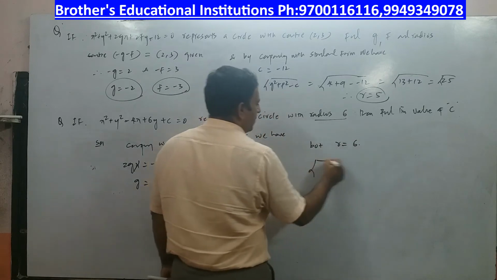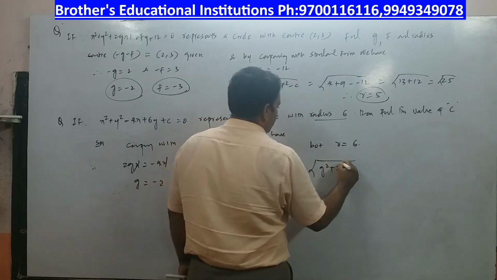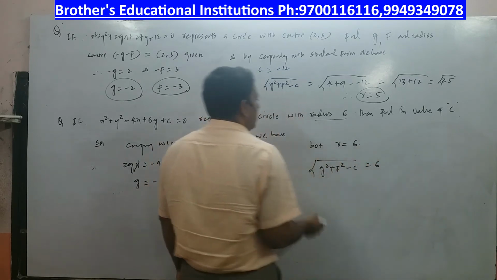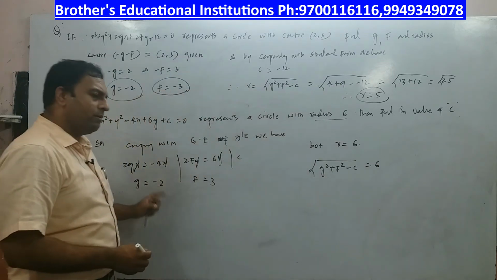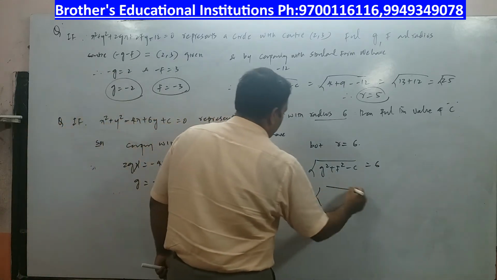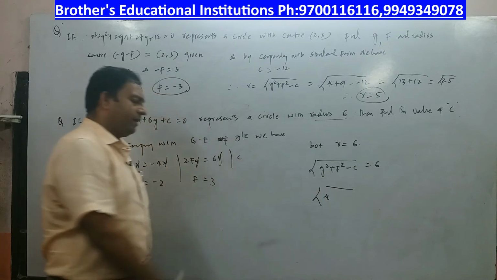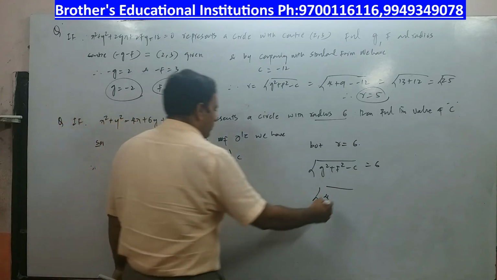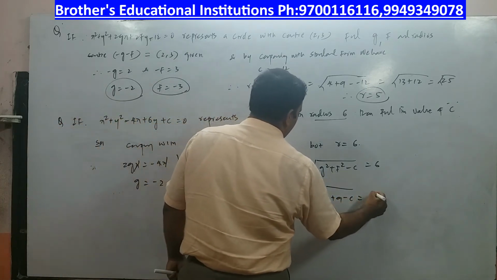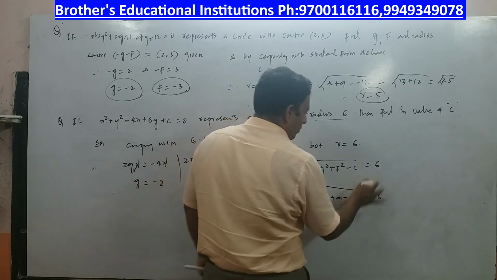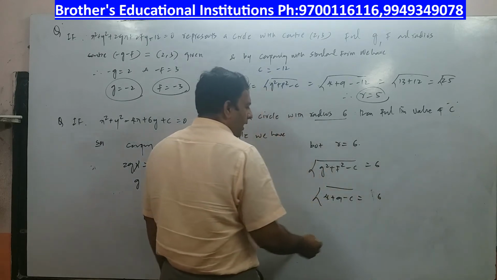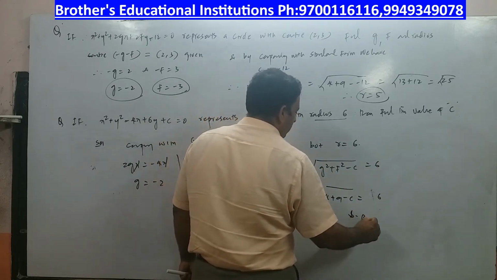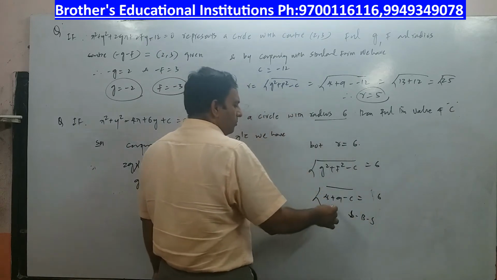What is the formula for radius? Under root g square plus f square minus c is equal to 6. Under root of g square, what is g square? Minus 2 whole square. Minus 2 whole square is what? 4. Plus f square. f square is what? 3 square. 3 square is what? 9. Minus c is equal to 6. Now to remove the square root, I have to do squaring on both sides.